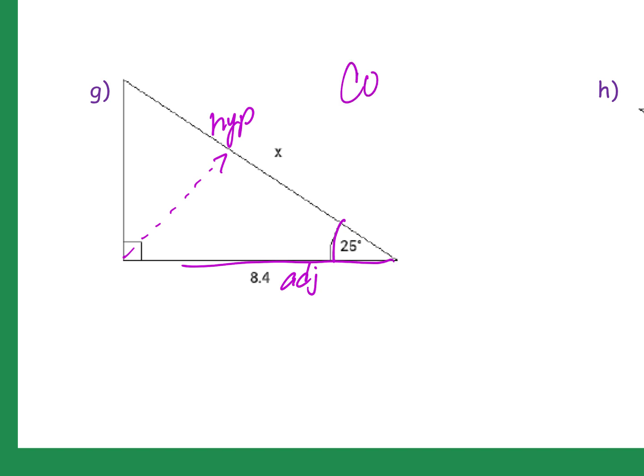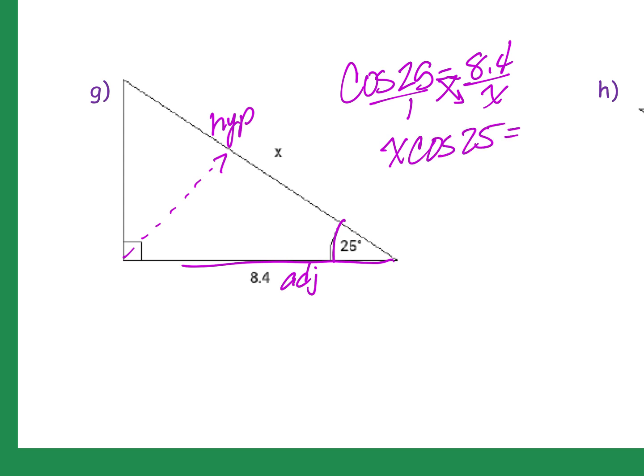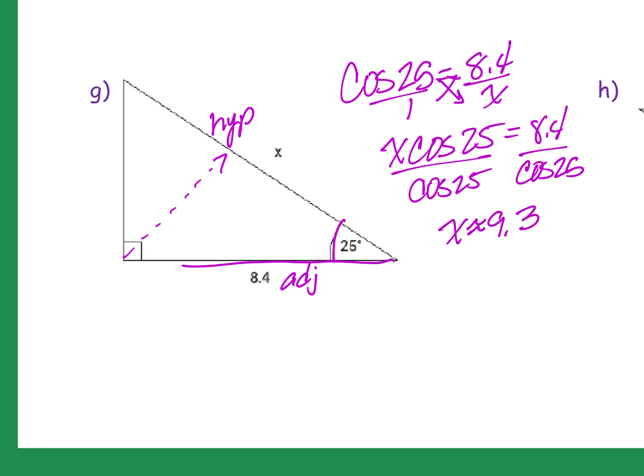So I've got the cosine of 25 is going to equal, let's see, 8.4 over x, cross multiply. So x cosine of 25 equals 8.4, divide by cosine of 25. And x is approximately going to be equal to 9.3.